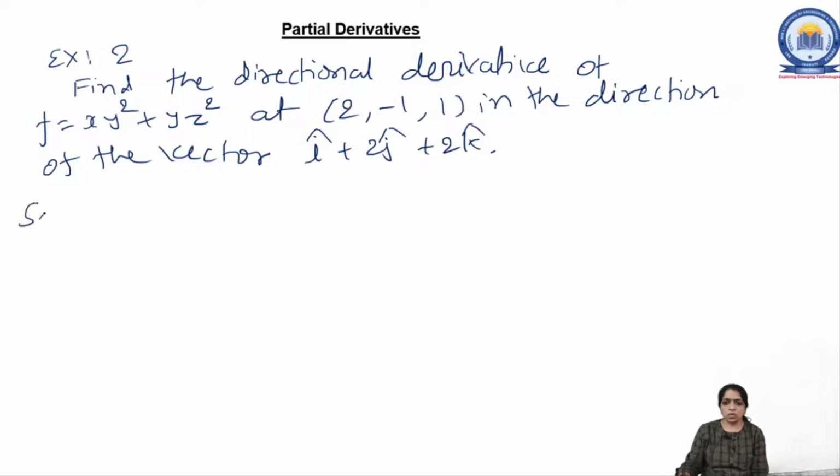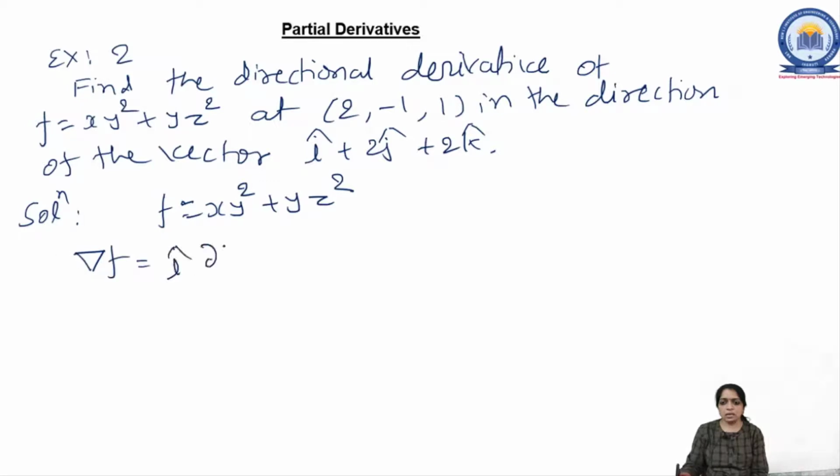So let's start the solution for the given data. Here our given function f is xy² plus yz², and first we want to find the gradient of f, that is i ∂f/∂x plus j ∂f/∂y plus k ∂f/∂z.